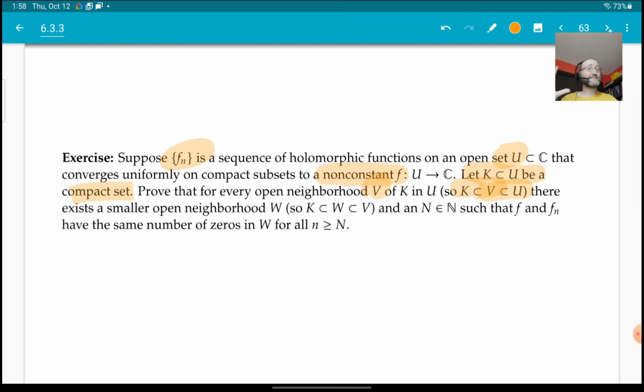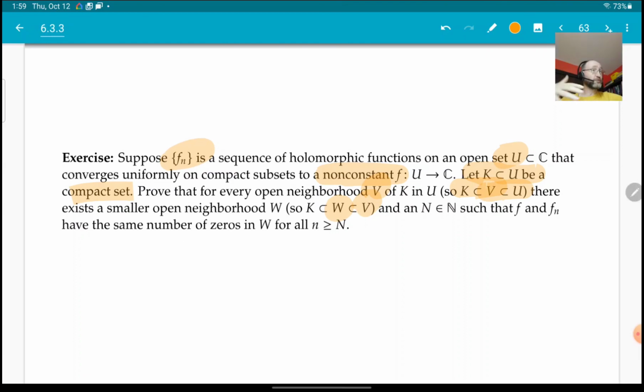But there exists some other neighborhood, so I can fatten up K a little bit, just a tiny bit, but still stay in V. So I'm going to get some other neighborhood W. Basically, I add myself a little bit of wiggle room, but not so much that I go outside of V, where V is an arbitrary one.